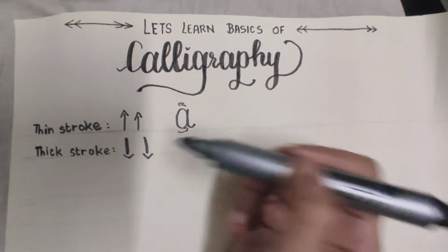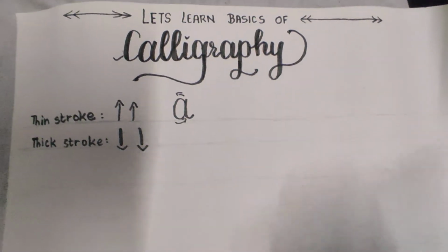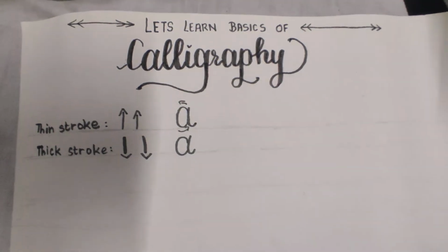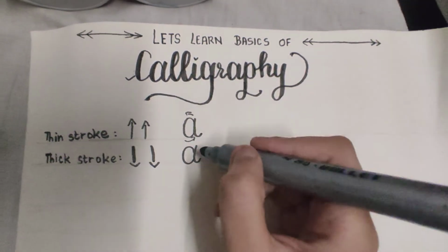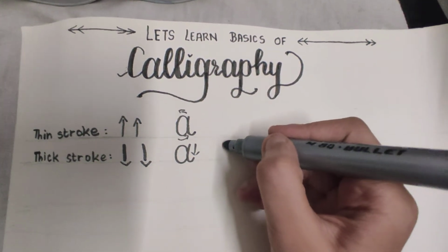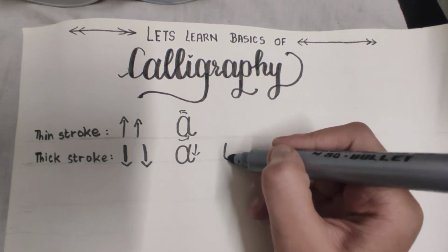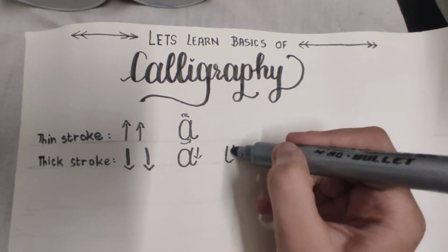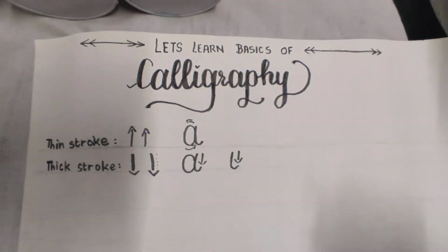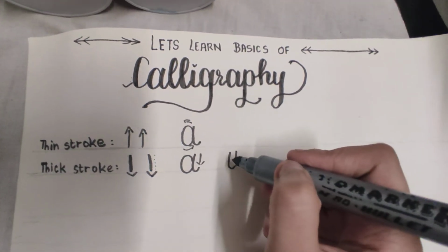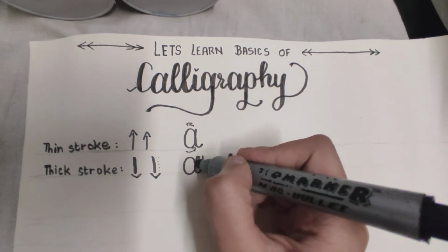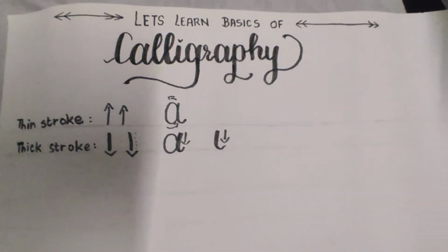For example, let's take letter A again. In letter A, we will make this part thick. Why? Because if you notice, this part is going from up to down, and the part of the word which goes from up to down will always be thick.